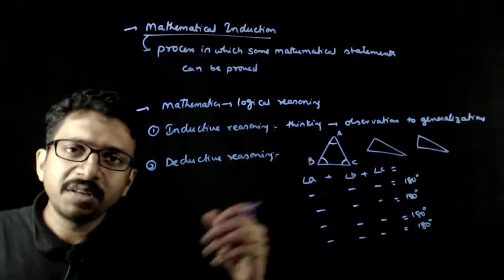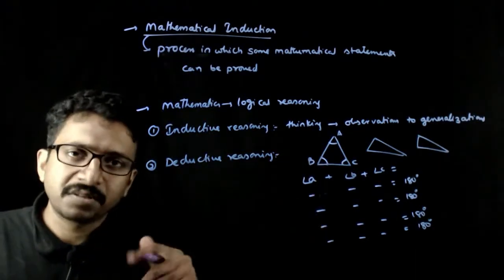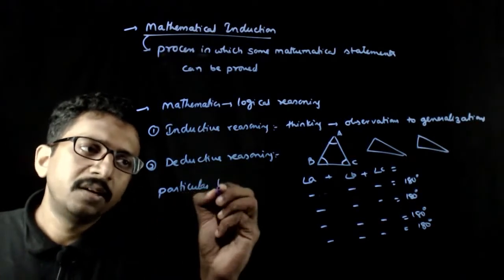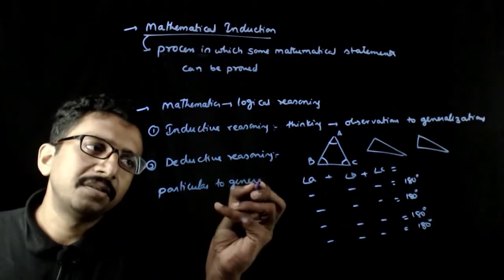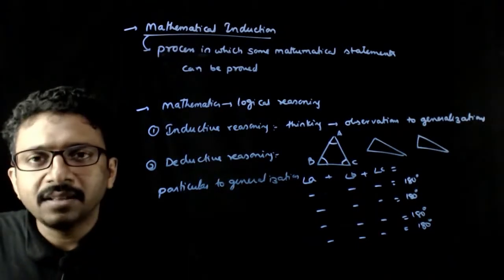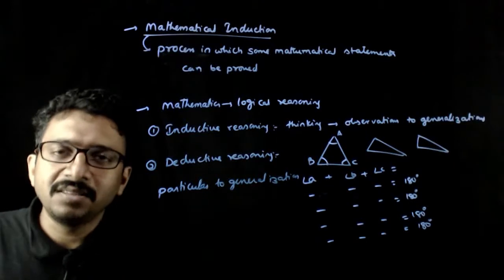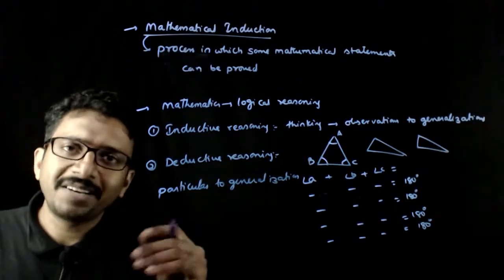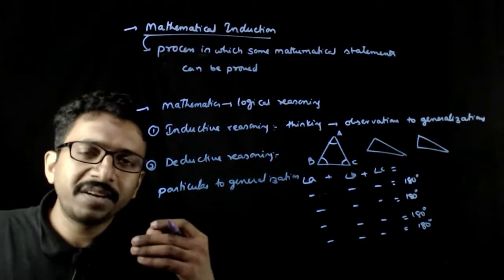So from these particular observations we go to generalization. Now what I say is, the sum of angles of any triangle is equal to 180 degrees. So I go to a general statement. What is my reasoning here?